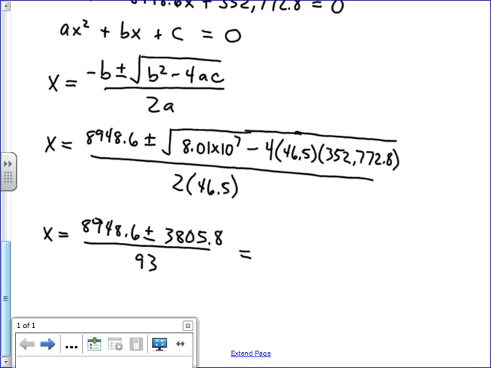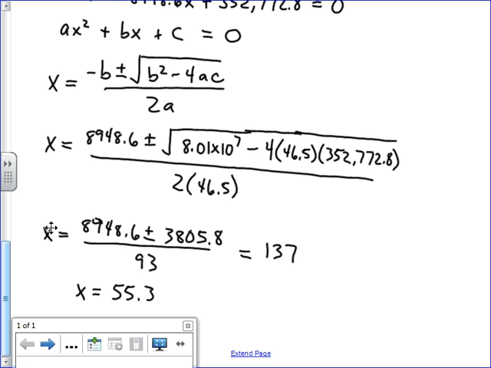Okay. 8948.6 plus 3805.8 divided by 93. So I'm getting x equals about 137, or x equals 55.2, or 55.3, I guess. Okay, so those are our two possibilities for x. I guess I lied. You might get two positive numbers, but we have to check and see which one of these makes a little more sense in our context.